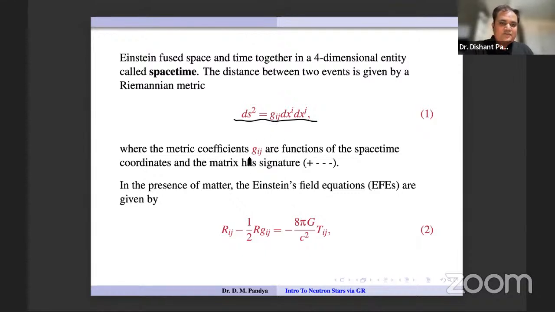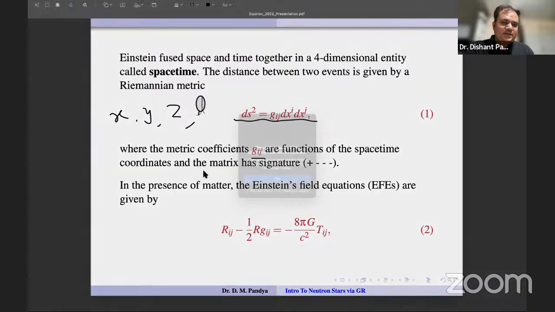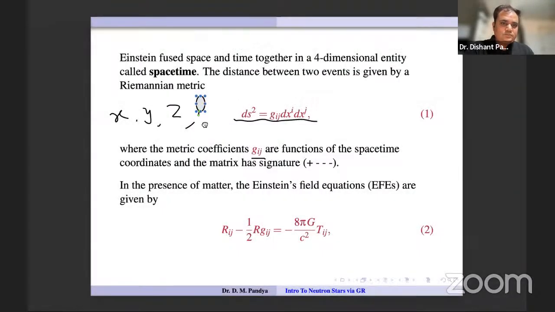Here, these metric coefficients g_ij are functions of the space-time coordinates. Space-time coordinates means you have x, y, and z, and t as well. Okay, so these are the coordinates that we are talking about.